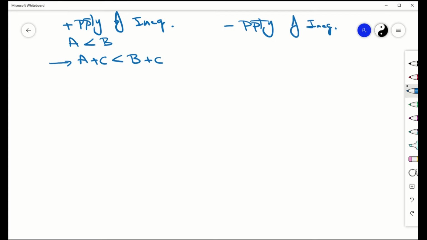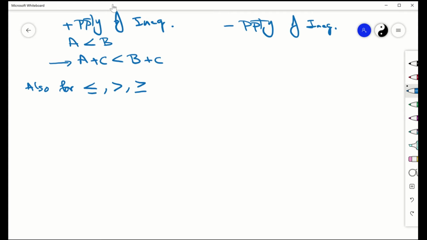And notice, of course, we mentioned it for only one inequality sign, but the property will hold for all these other ones as well. So we can say also for less than or equal to, greater than, or greater than or equal to. So it works with all four of these inequality symbols.